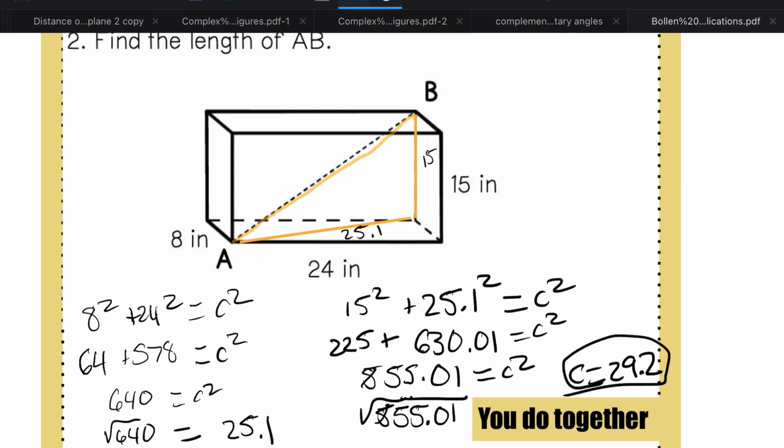So our final answer for A, B on this one would be 29.2.